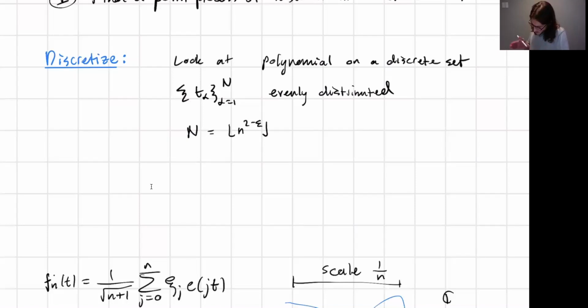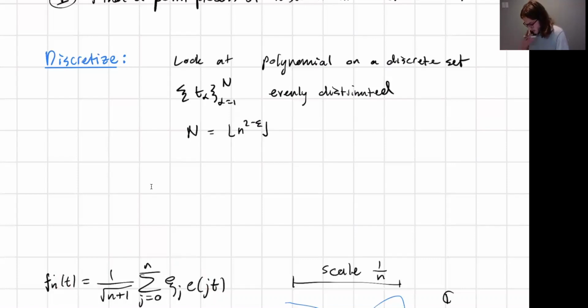So the idea is, we want to capture the moment when this polynomial is closest to 0. It's not hard to see that the derivative of this thing is going to be of order n. This random variable at any fixed point is of order 1.